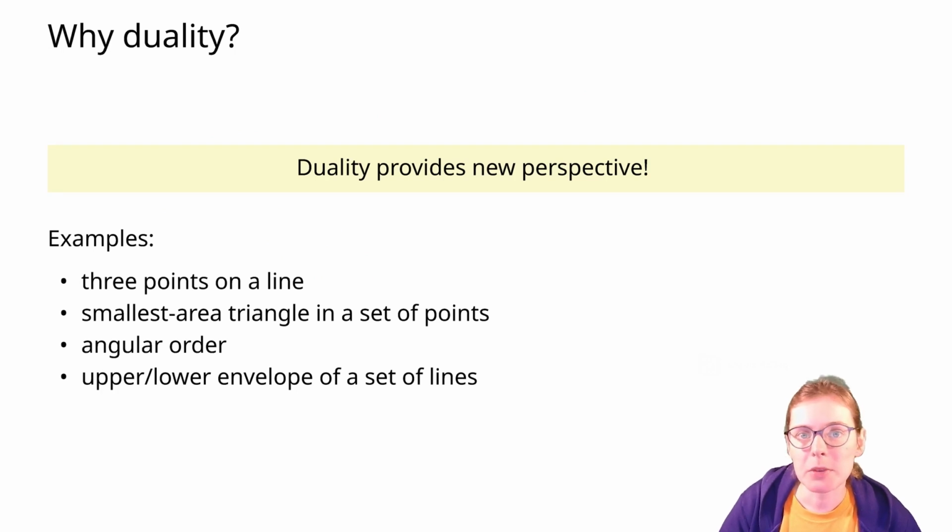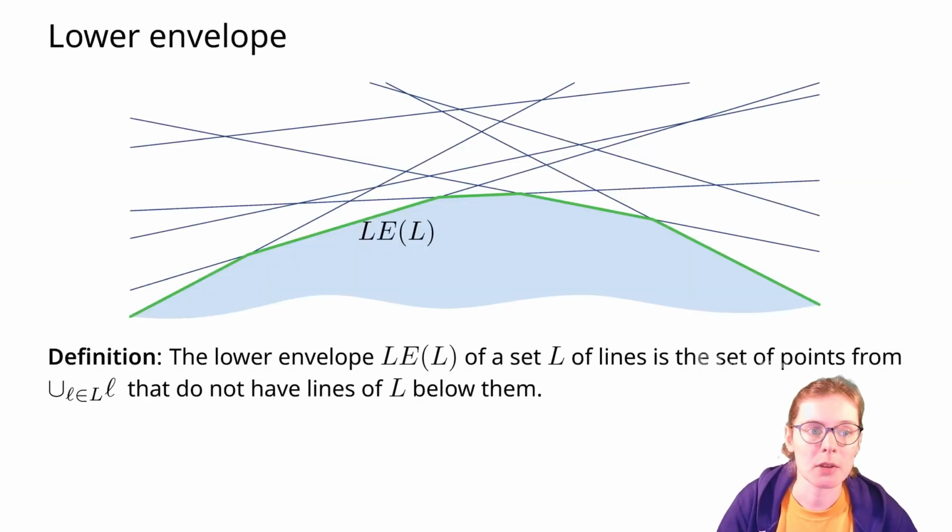But before that, let me introduce one more definition. The lower envelope. Consider a set of lines in the plane. The lower envelope is the set of points from these lines that do not have any other line passing below it.